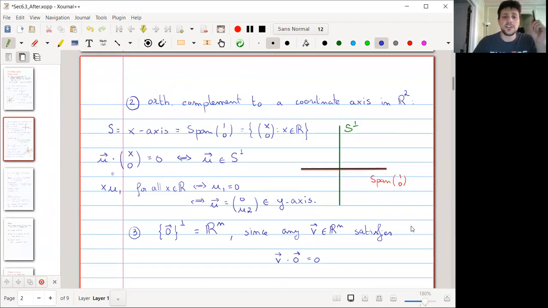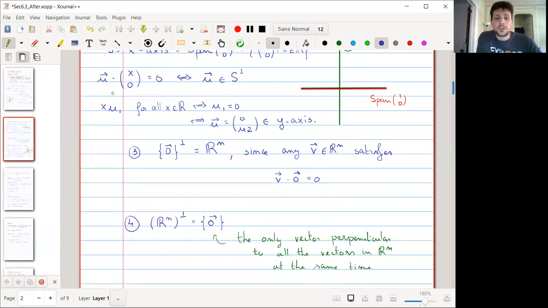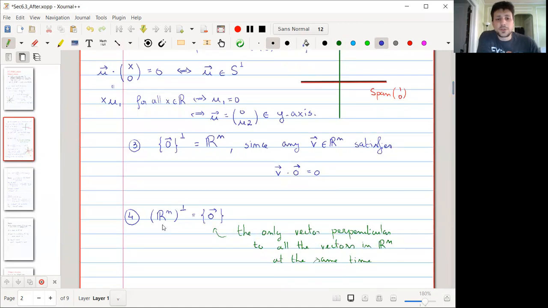Let's have a look at some other examples. The orthogonal complement of the zero vector is the whole space Rn, because every vector in Rn is perpendicular to zero, since the dot product will always give you a zero. Conversely, the orthogonal complement of the whole space Rn is the zero vector.